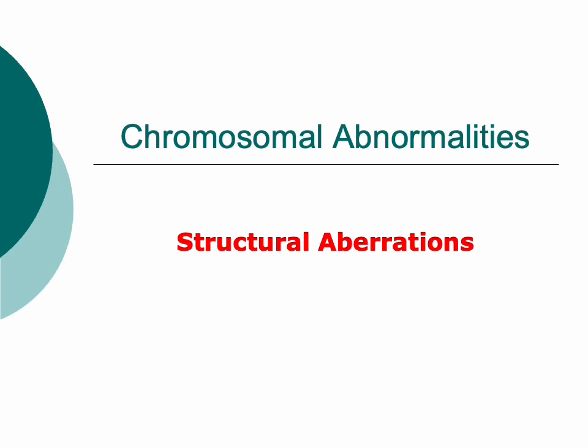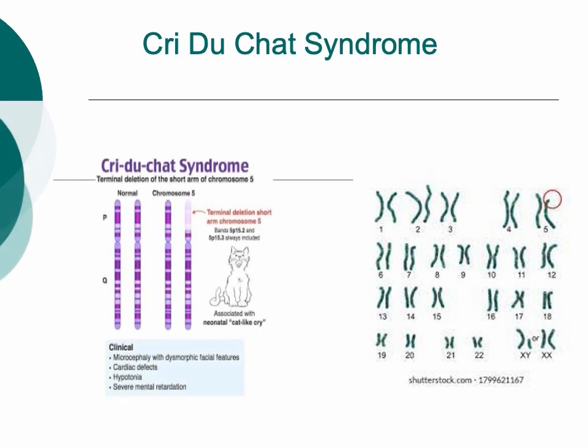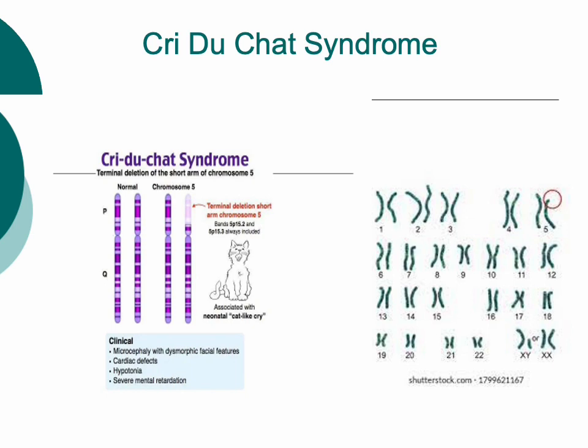Next, we'll move on to structural abnormalities or structural aberrations of chromosomes. The first syndrome that we'll be discussing is the Cri Du Chat Syndrome. The Cri Du Chat Syndrome is the terminal deletion of the short arm of chromosome number 5. The chromosomal aberration for this one is deletion.